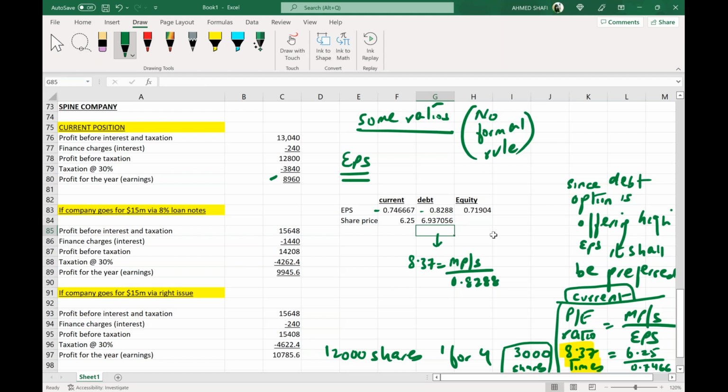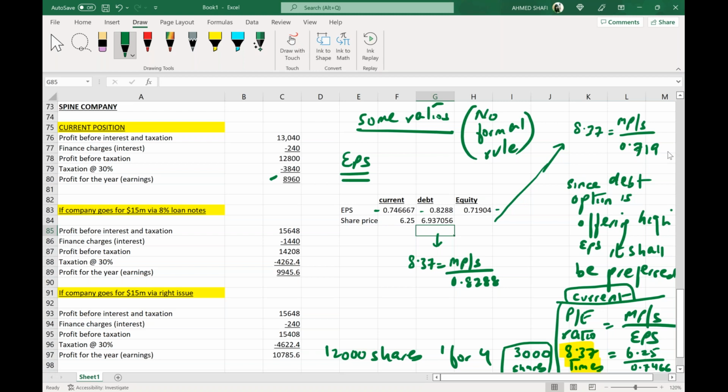But if I need to find the share price after the equity option, assuming the PE ratio remains the same 8.37, the EPS after the equity option is 0.719.